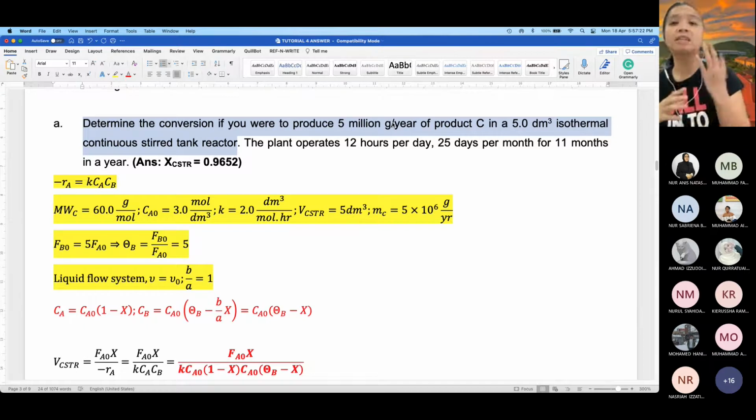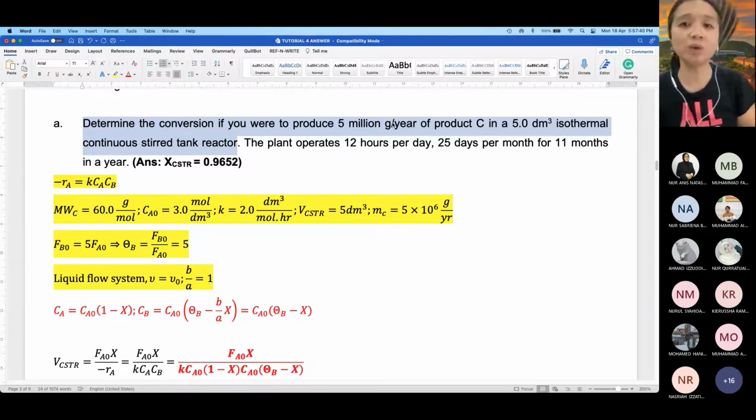So katakan kamu tak sure apa itu information tu. Okay, so again, tengok unit. Unit adalah gram per year. Gram dimension dia mass. Year is time. So mass per time is actually mass flow rate. So dalam soalan ni, dia beri kita information dalam bentuk yang lain.